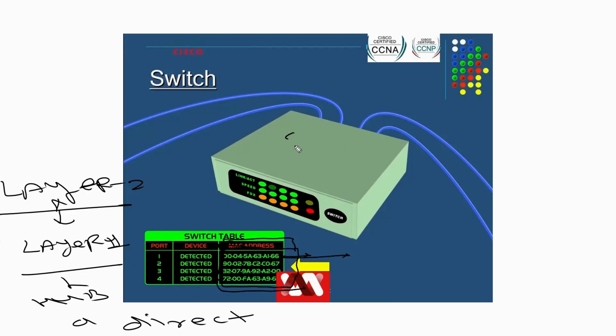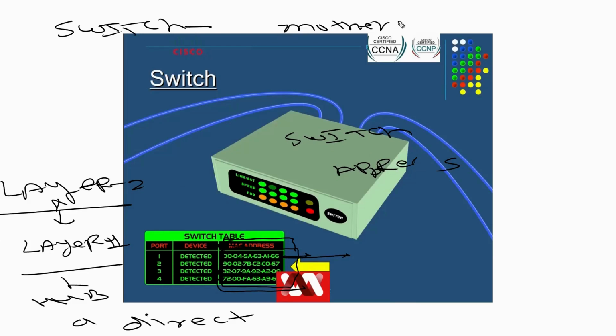So a switch understands the MAC address. A switch has a small software inside, or you can say it has so many components. A switch has a motherboard, a full motherboard. One is the ASIC motherboard, which is primarily responsible for physical operations, cable operations.